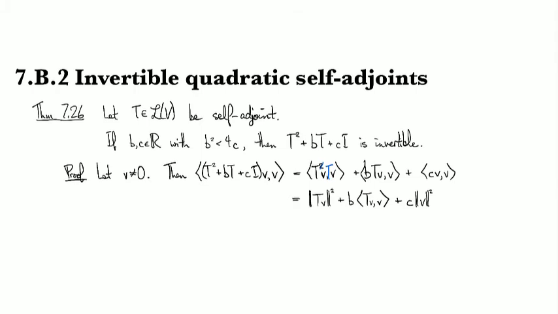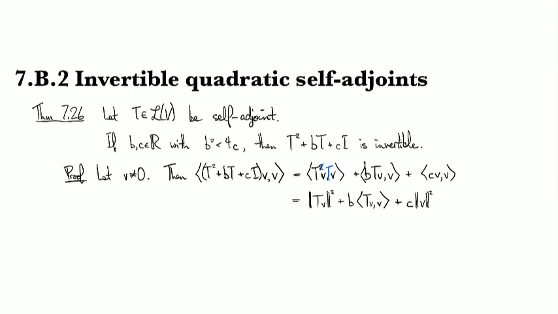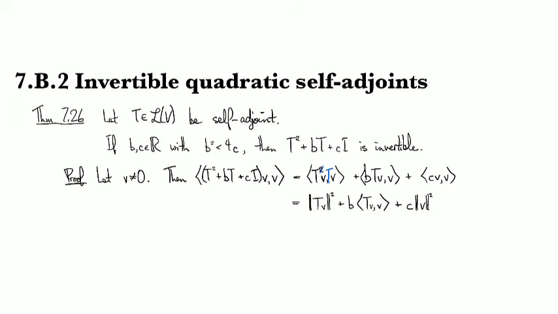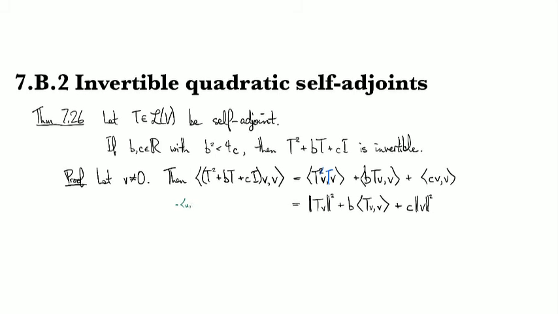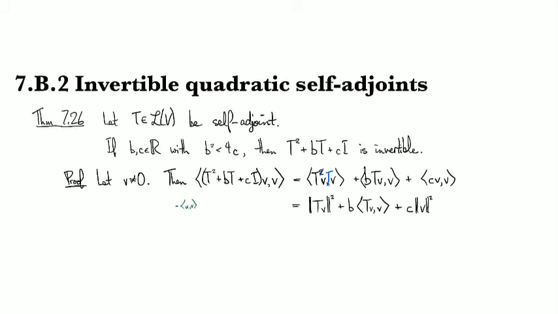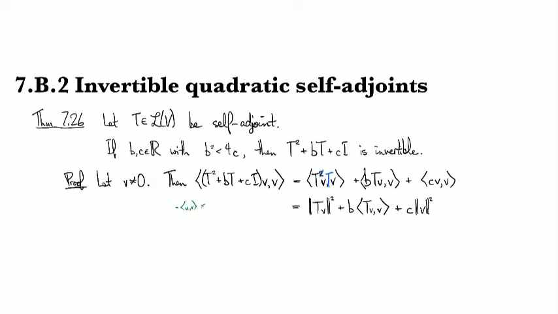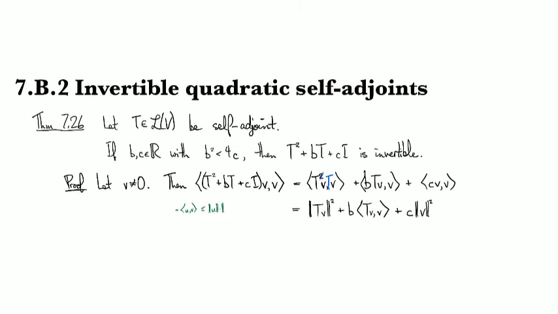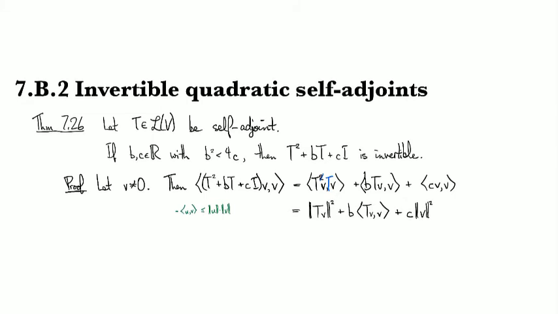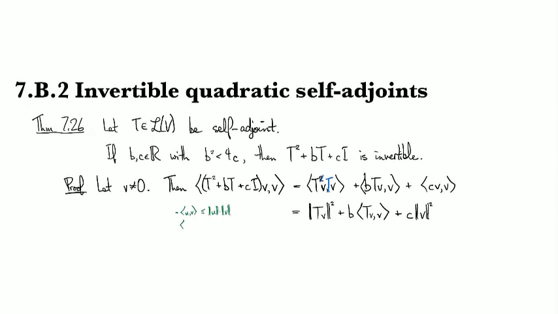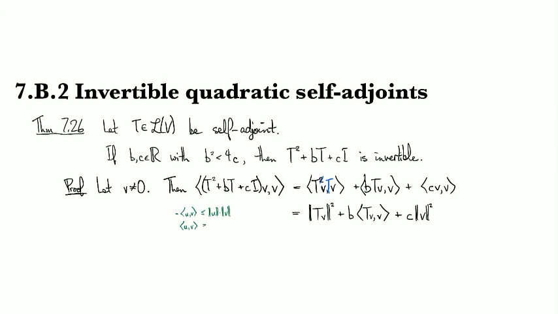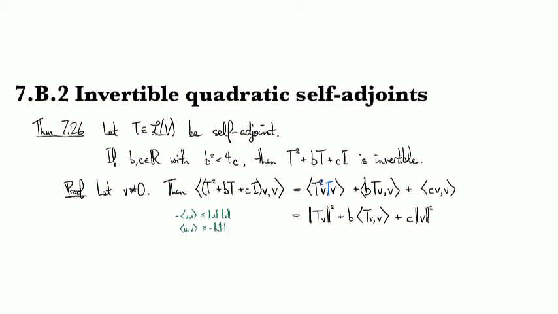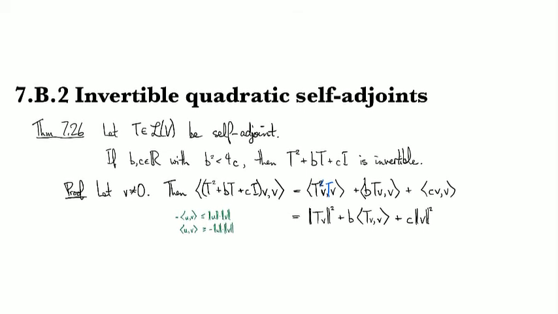And now let's see. Since, let's do a little side calculation here. Since we know from Cauchy-Schwarz that the inner product of u and v with any sign in front of it is less than or equal to norm of u times norm of v, then we know that the inner product of u and v is greater than or equal to minus norm u norm v.